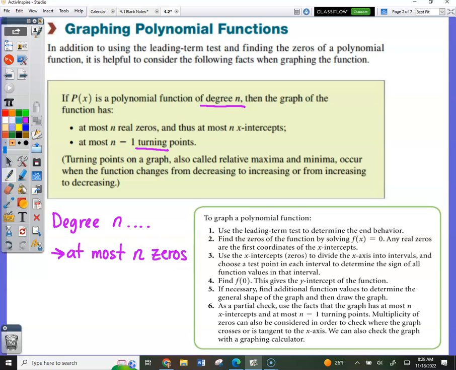And remember, the word zeros is another word for x-intercepts. It also means that there are n minus 1 curves in the graph. Those curves are actually called turning points.